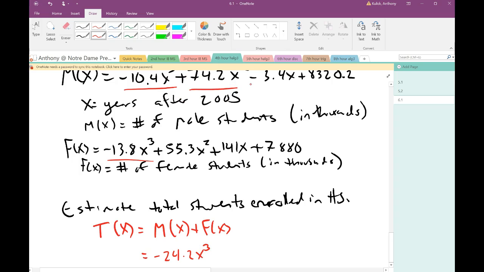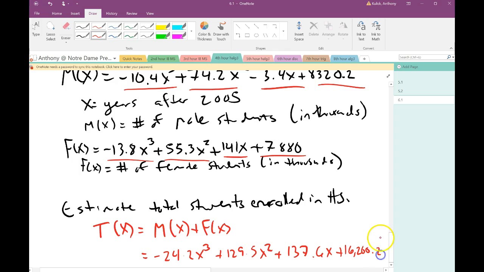Then 74.2x squared plus 55.3x squared gives me 129.5x squared. Then negative 3.4x plus 141x gives me 137.6x. And then 8,320.2 plus 7,880 gives me 16,200.2.